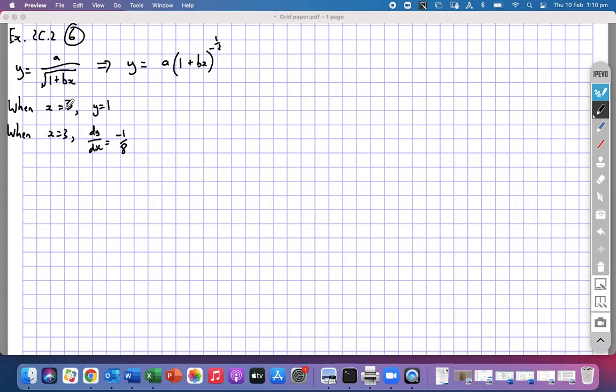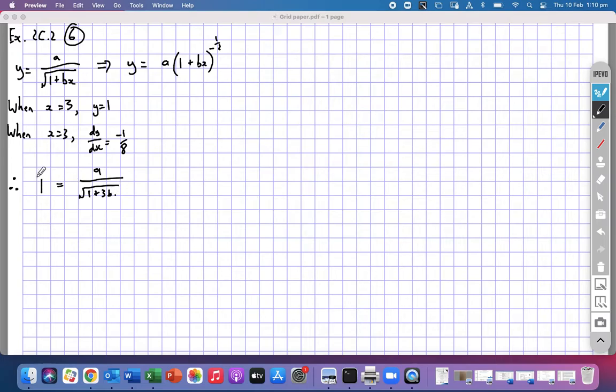The first bit of information was when x equals 3, y equals 1. So let's substitute in those values. Therefore, 1. Right, so my y value is 1, my x value is 3. 1 equals a divided by the square root of 1 plus 3b.